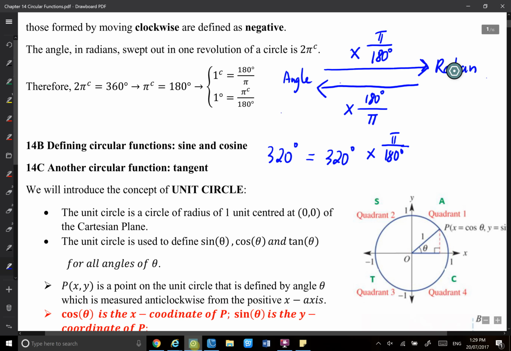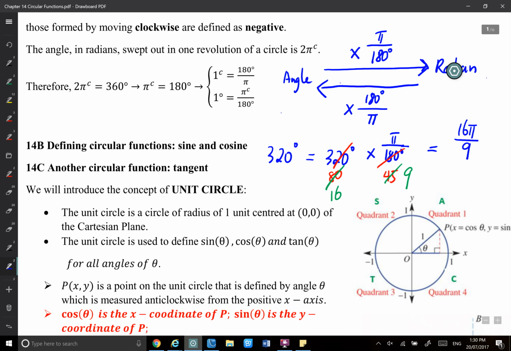Dividing by 4, 320 becomes 80 and 180 becomes 45. Dividing further by 5, 80 becomes 16 and 45 becomes 9. So this equals 16 pi over 9.